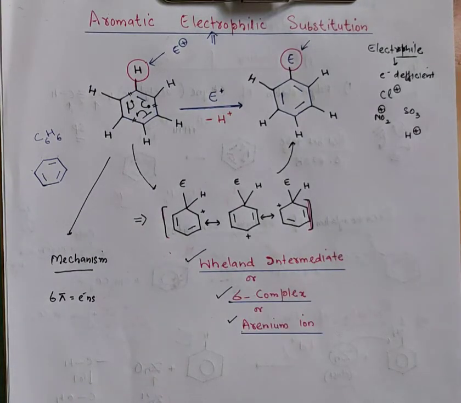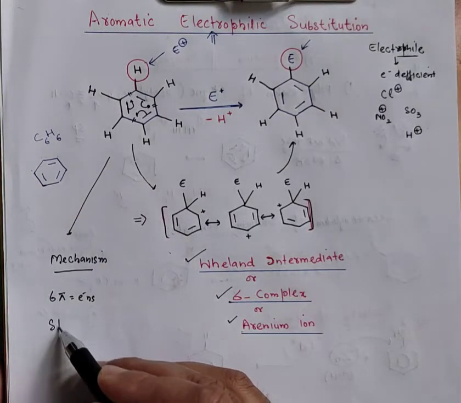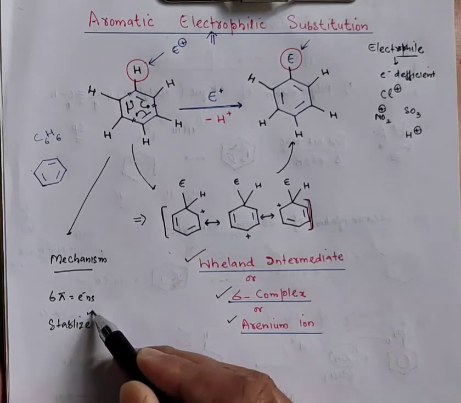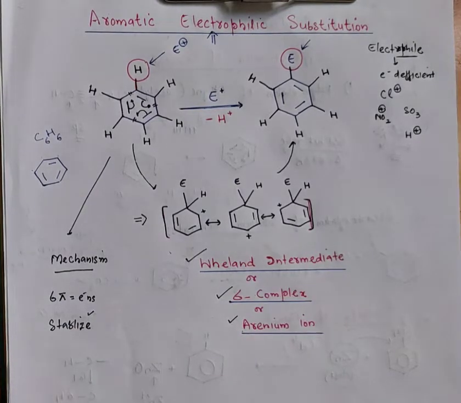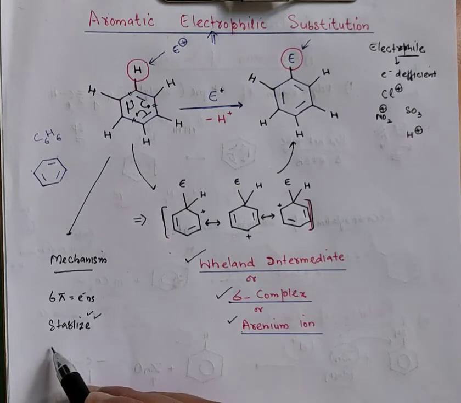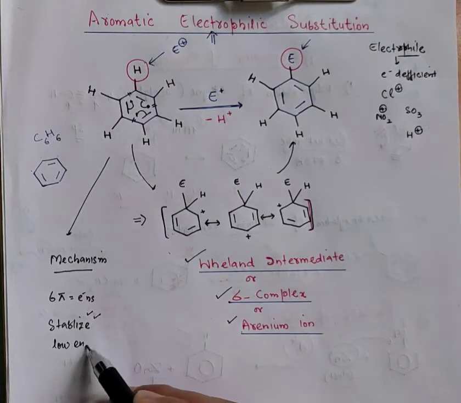And we know this electron pi delocalization in the form of ring, it stabilizes the structure. It stabilizes the benzene. That's why aromatic compounds are highly stable, because they have this pi delocalization of electrons. So it's highly stable, that is, it has low energy.